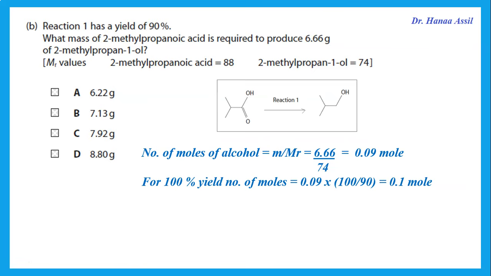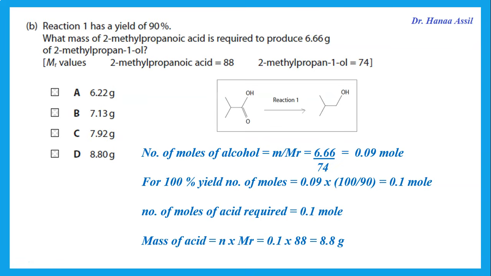This is the number of moles of the alcohol. Now we're being asked about the acid. So what is the number of moles of acid from the reaction? It is the same number of moles. You can see that the equation says that the number of moles of acid is the same as the number of moles of the alcohol. So now I have the number of moles of the acid, and we're being asked for what? The mass. How do I get mass?